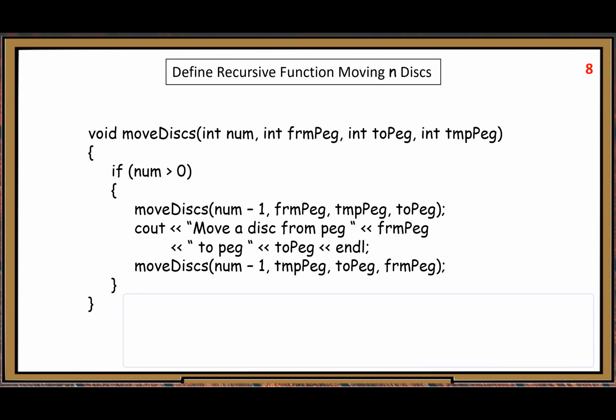Now, the summary of the solution. First, we know this puzzle question is relatively hard, right? If I give you 10 disks to solve this problem, you need to do quite some work. It's not easy.